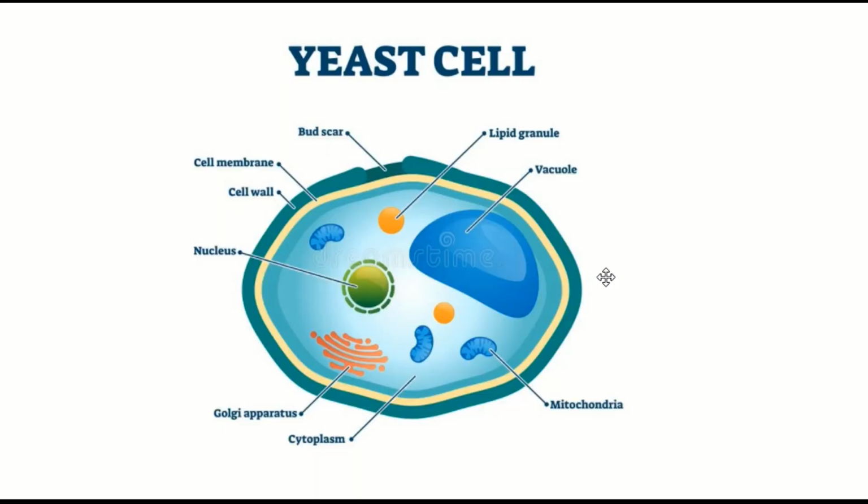As you can see here, the cell organelles include endoplasmic reticulum, mitochondria, nucleus, and ribosomes. Here are ribosomes, small dots. A single large vacuole is located in the yeast cell, which makes it different from others. As you know, the vacuole is the storage reserve of the cell.